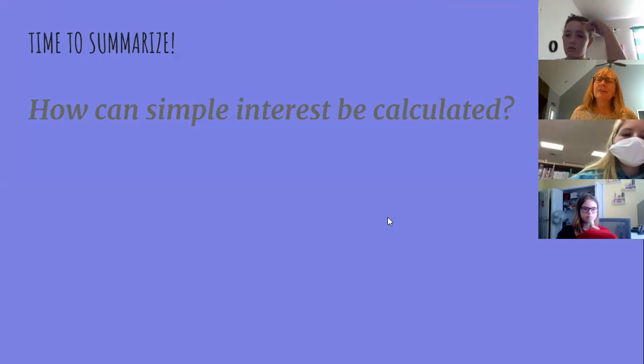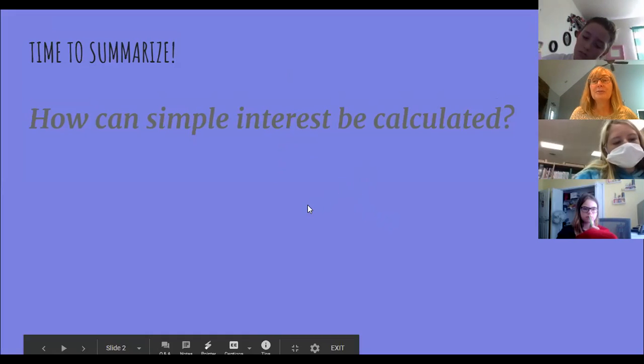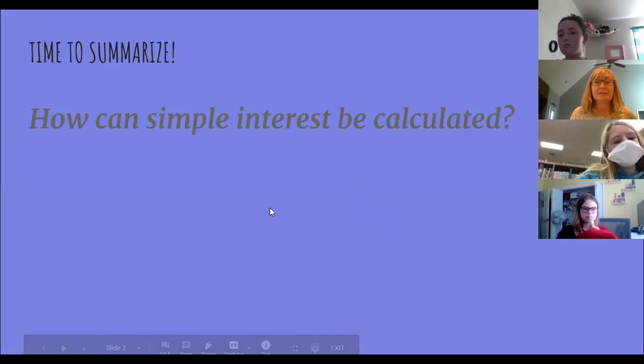Oh, where'd you get that from? I saw that one as an example. That's not the formula. Not on Google Slides. That's not the one I want you to use. The one I want you to use is much simpler.